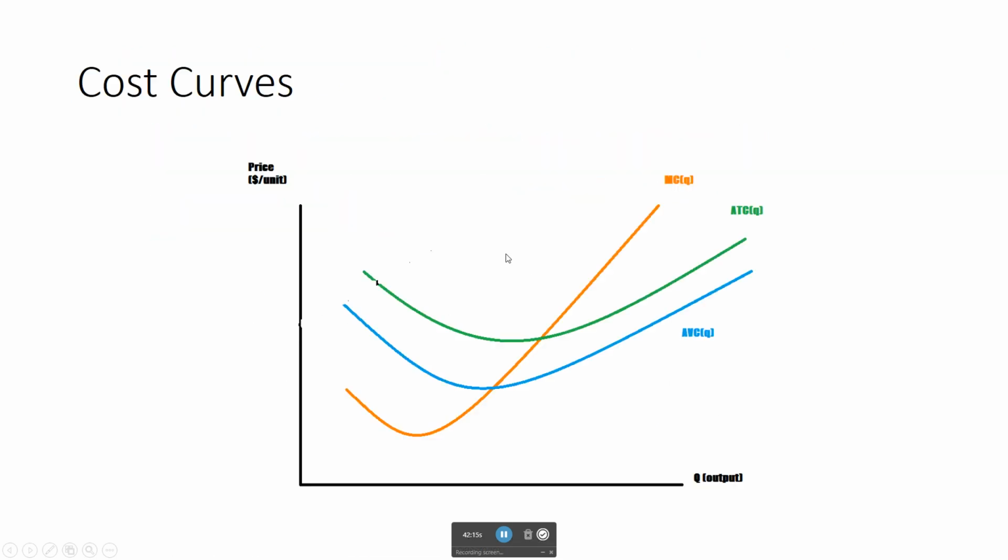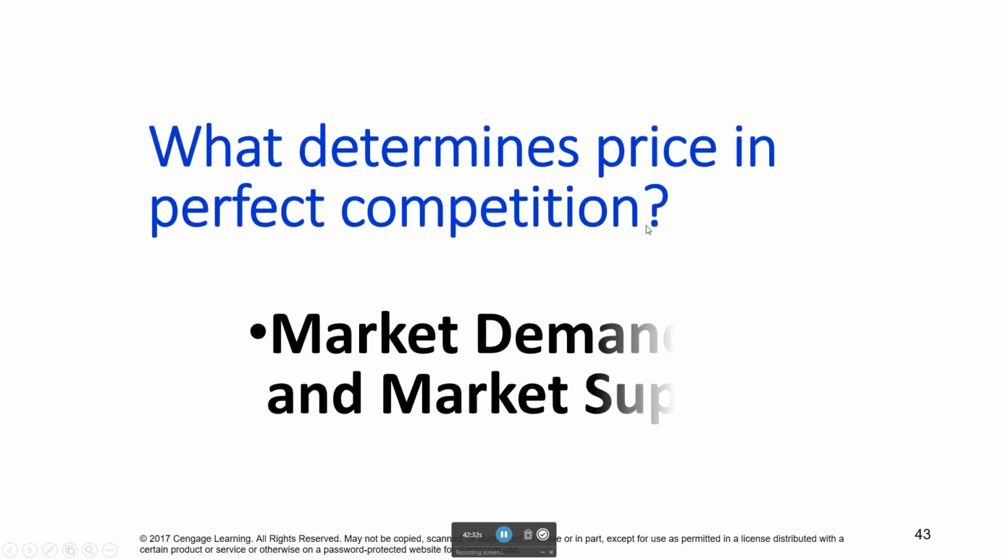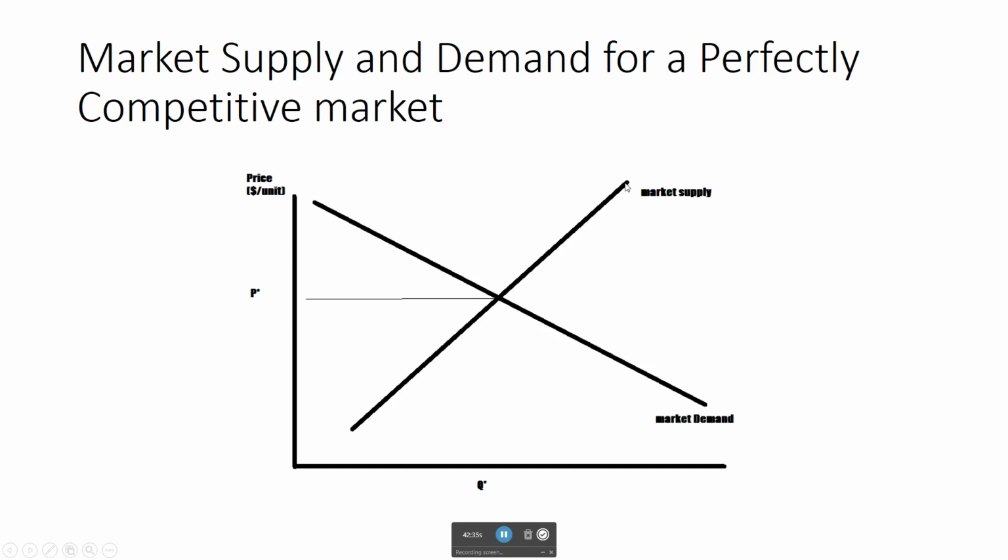All of those little supply curves for each individual firm, and in neoclassical economics, you can assume each firm has the same marginal cost curves. So if we add up these supply curves for all the firms in the market, like we did in chapter 3, that will give us this market supply curve. And here, if we add up all the individual demand curves for pizza in the Gadsden area, that would be market demand.